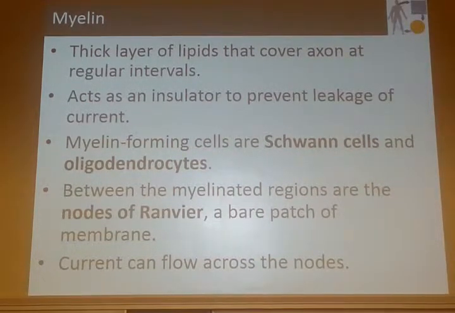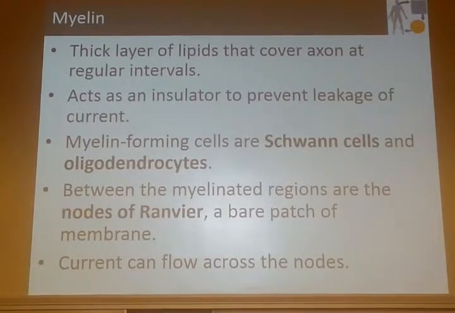It's a plasma membrane of a cell that is wrapped multiple times around a segment of an axon. In the central nervous system, it's an oligodendrocyte. Oligo means a few.